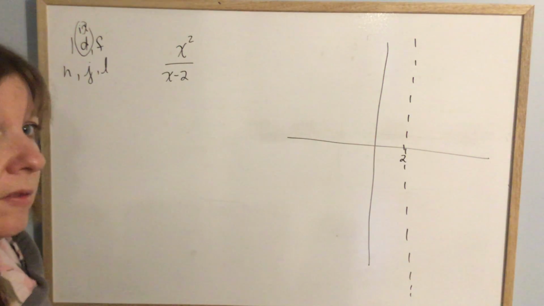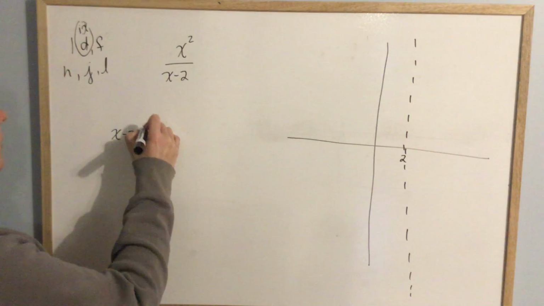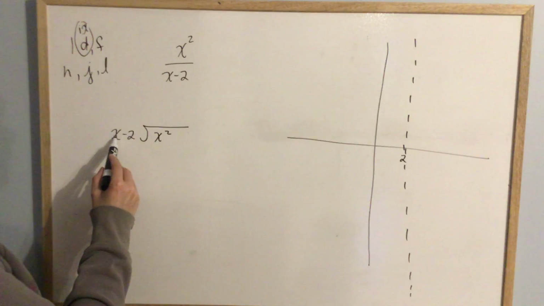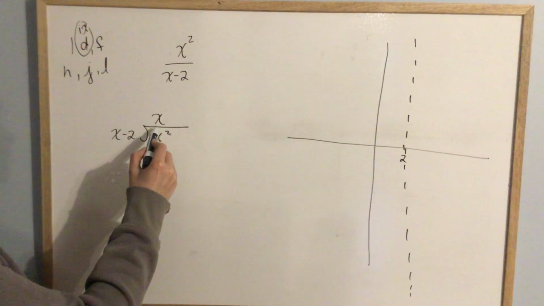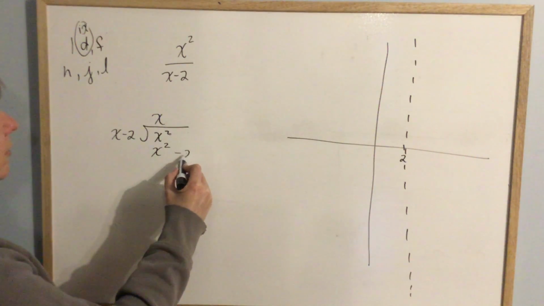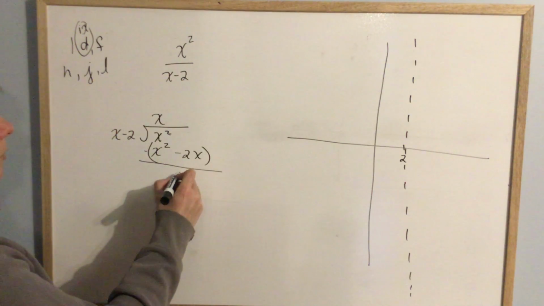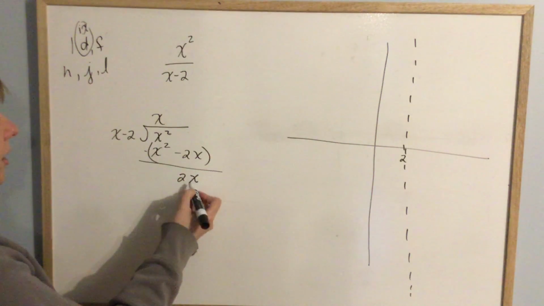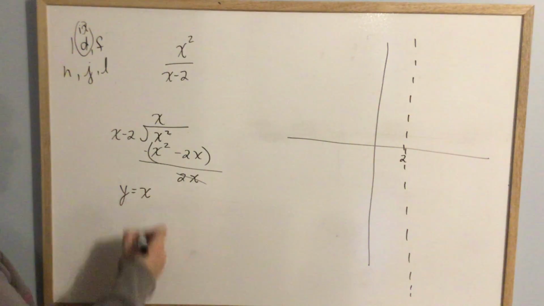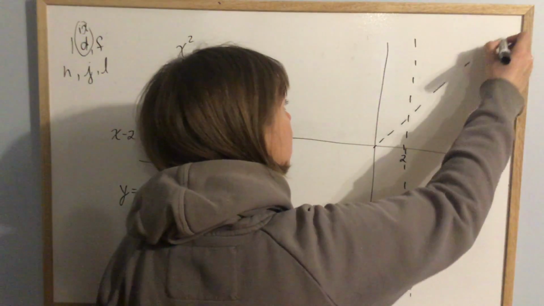So that means I'm going to divide the bottom into the top. How do I turn x into x squared? I multiply it by x, which gives me x squared minus 2x. I'm going to subtract, and so I'm going to end up with a positive 2x as my remainder. So y is equal to x is my oblique asymptote. So it's going straight through here.